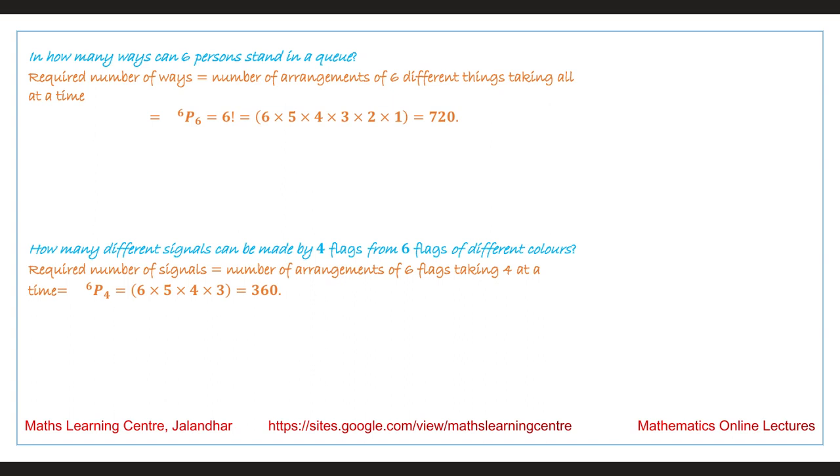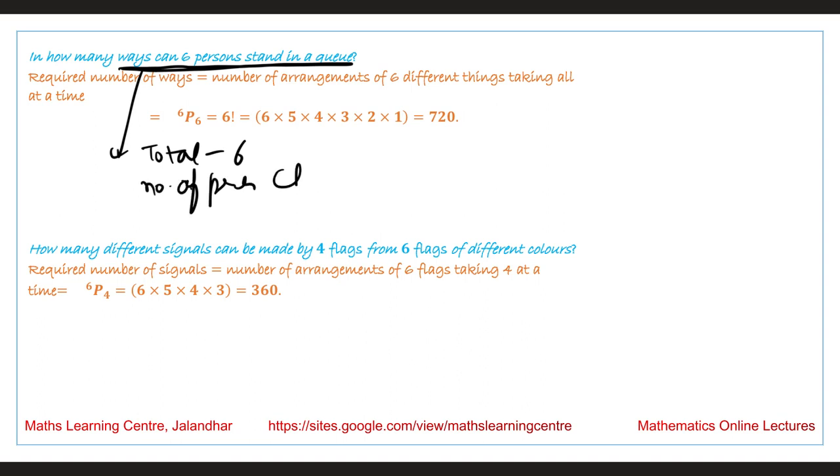Next is in how many ways can 6 persons stand in a queue? So when all the 6 persons have to stand in a queue, we have total persons 6.